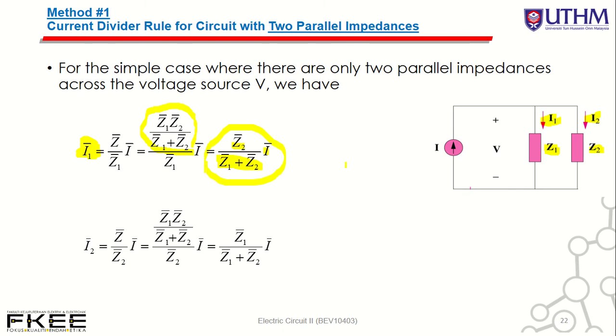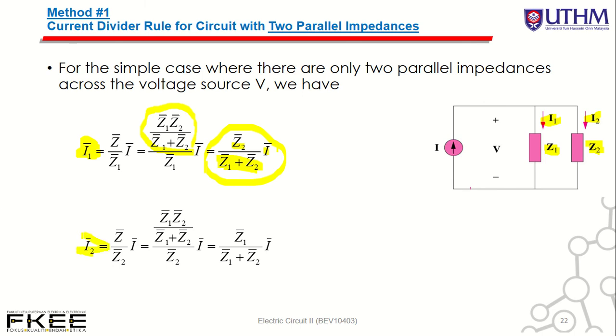Okay, no need to know the voltage. By using information of Z and supply current, you can determine current through Z1 and Z2. So in this case, what we can summarize, the current through Z1 equal to Z2 divided by Z1 plus Z2 times I. That's the way how to remember.